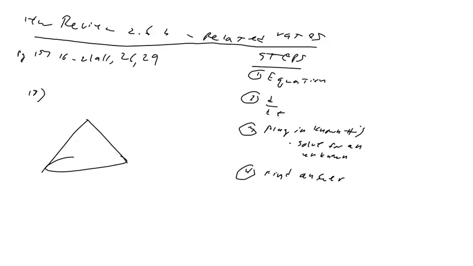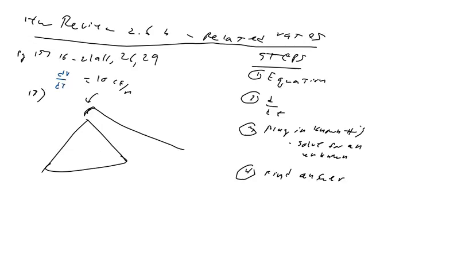Conical pile of sand, little conveyor belt, conical pile of sand, at a rate of 10 cubic feet per minute. So there is our dV/dt, change in volume over change in time. Cubic feet per minute, right? Sand falling onto this conical pile at 10 cubic feet per minute.